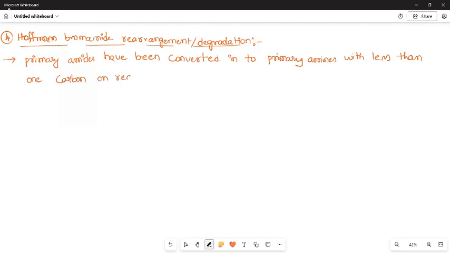On reaction with sodium hypobromite, that means NaOBr. Important point is nitrene is the intermediate.